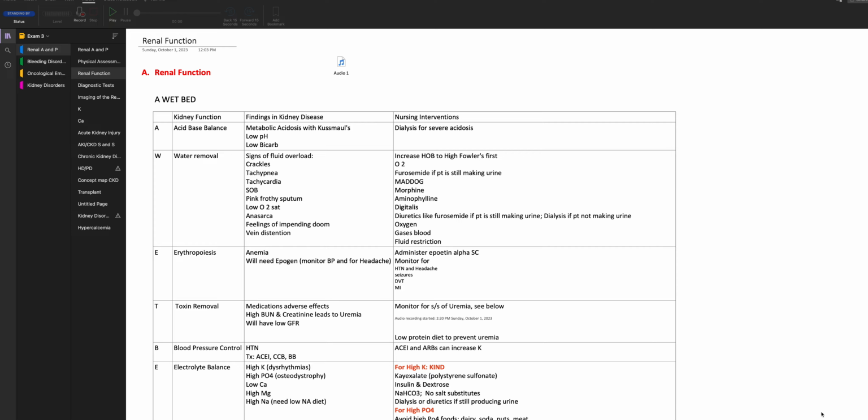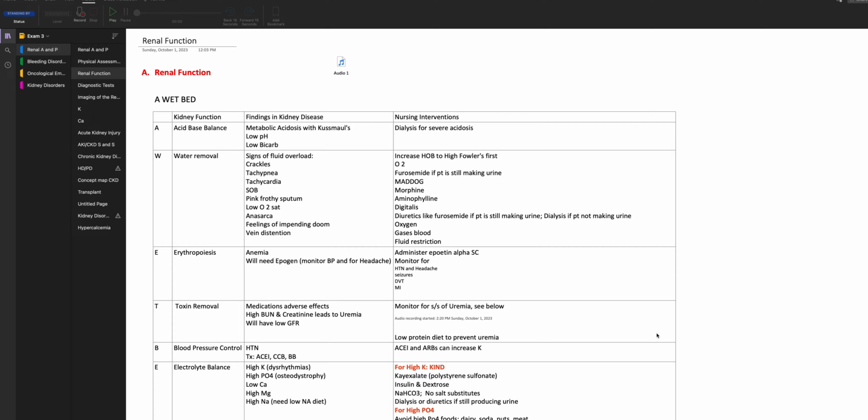Okay, so your nursing interventions, we've talked about this before. You're going to increase the head of the bed to high Fowler's first before you put oxygen on somebody, because it's easy to do. If somebody is still making urine, in other words, they're not anuric, you're going to give diuretics. So you can give something like furosemide. If they're not making urine, they may need dialysis. That may be an emergency.